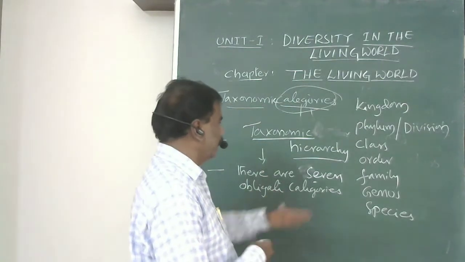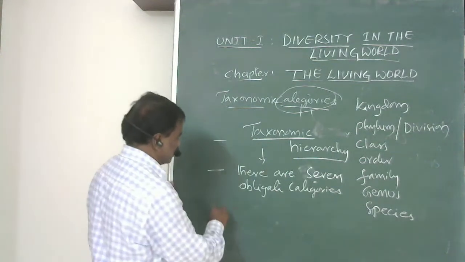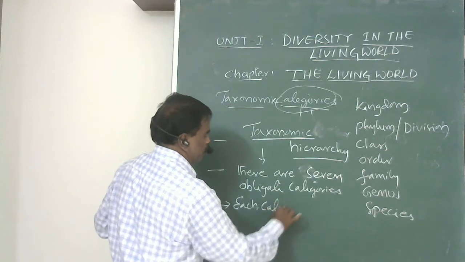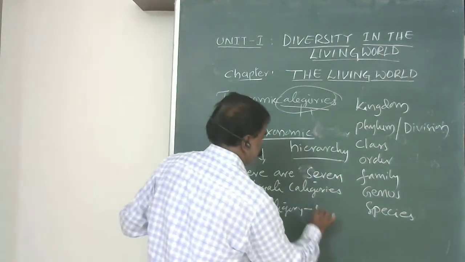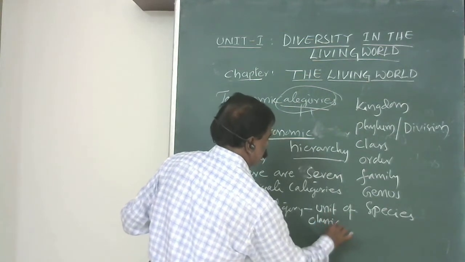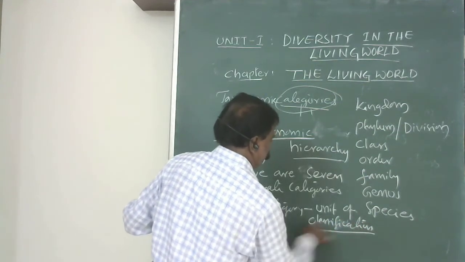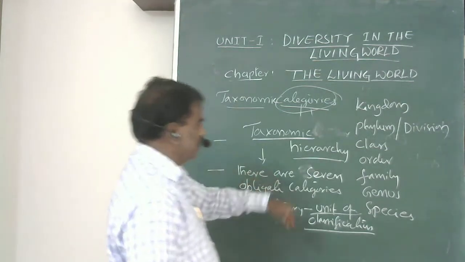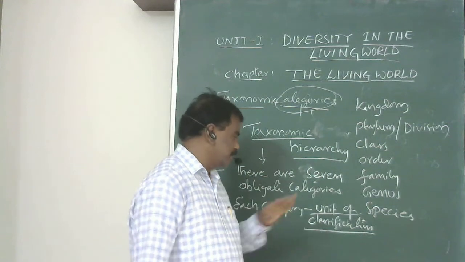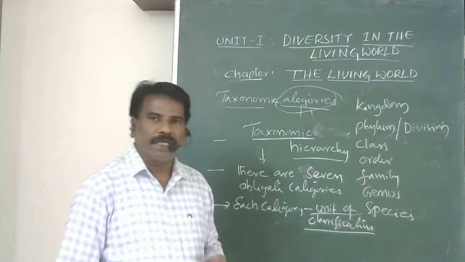Each category in the taxonomic hierarchy is a unit of classification. Species is a unit of classification. Genus is a unit of classification.